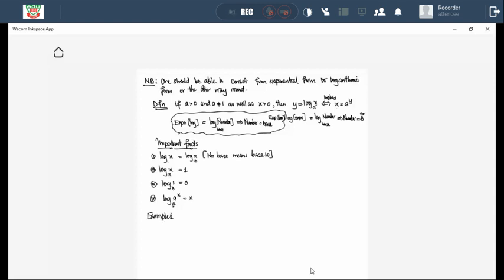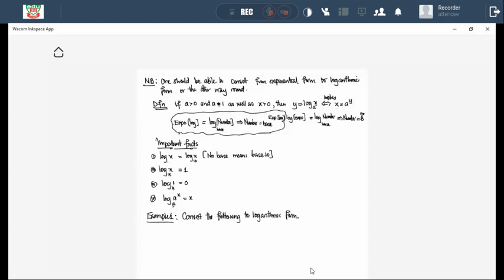Okay, example number 1. A very simple example says convert the following to logarithmic form.